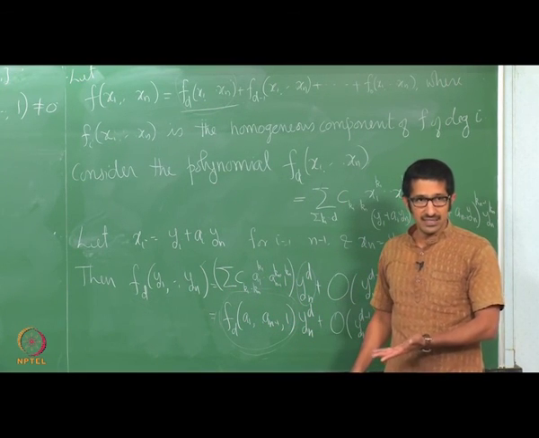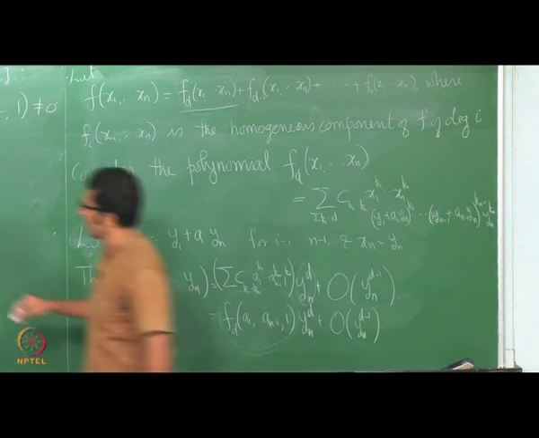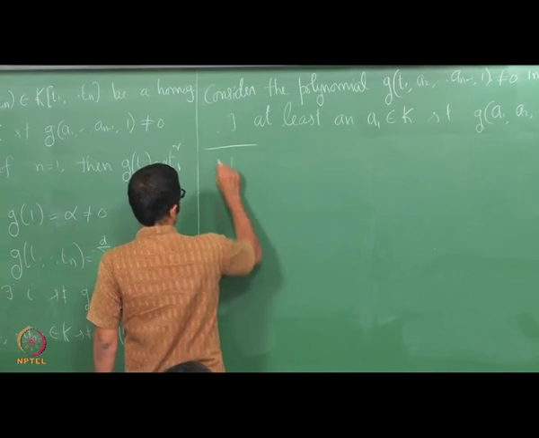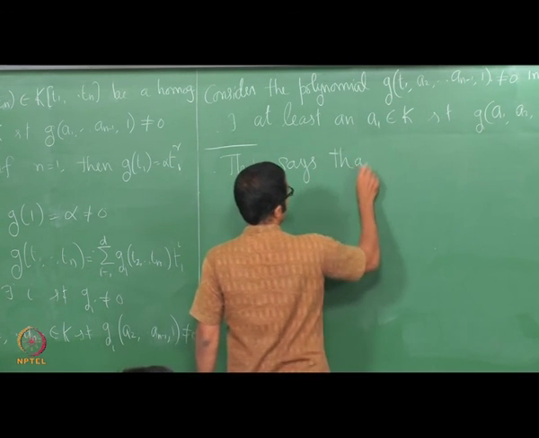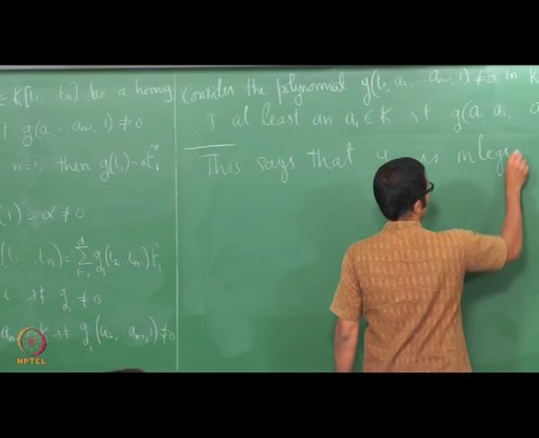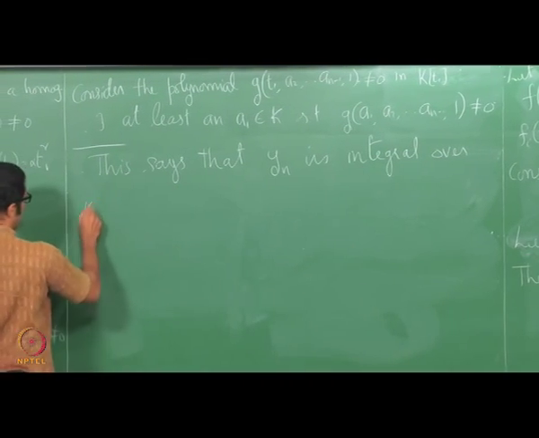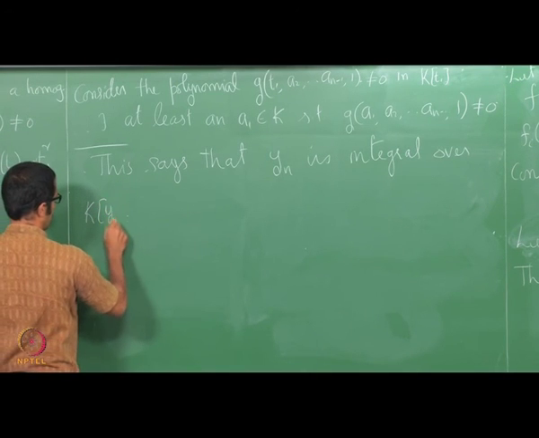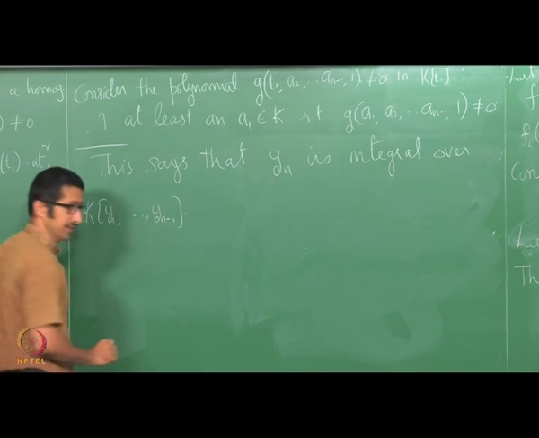That will say that yn is integral over k[y1, up to yn minus 1].